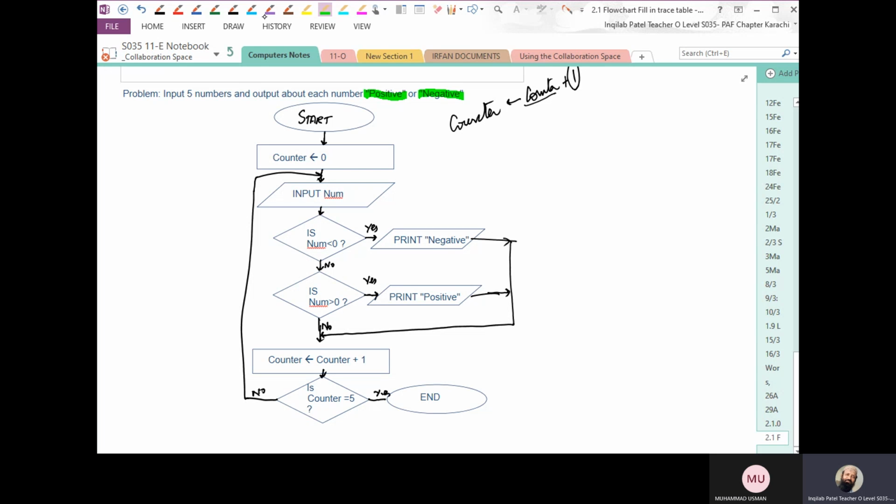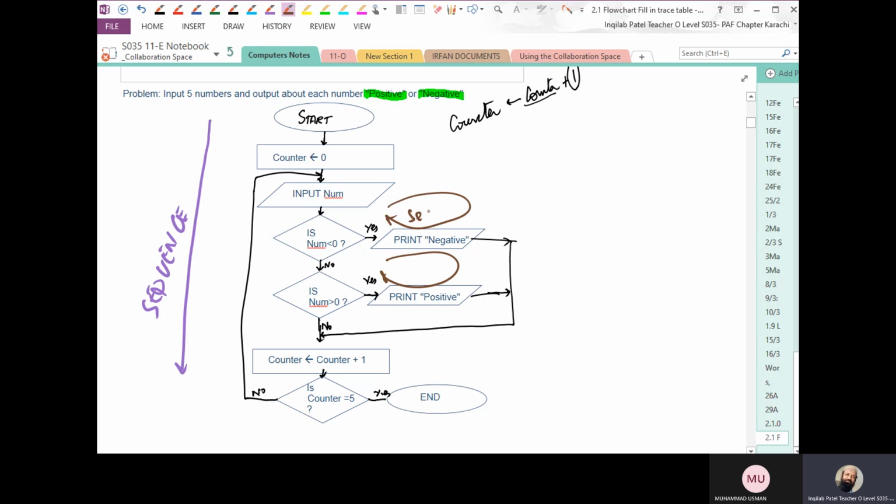Firstly, basically, there are all 3 control constructs. Number 1 control construct is sequence. All the statements will be executed in order. Then there is another control construct, selection, to print negative or not, to print positive or not. These are selection.